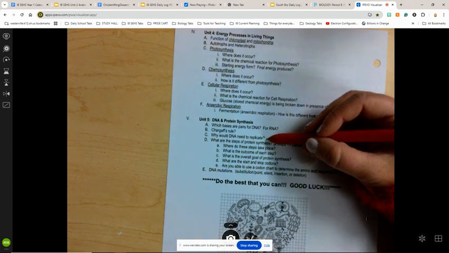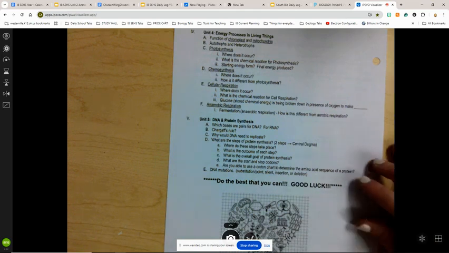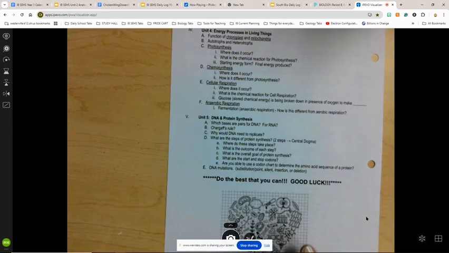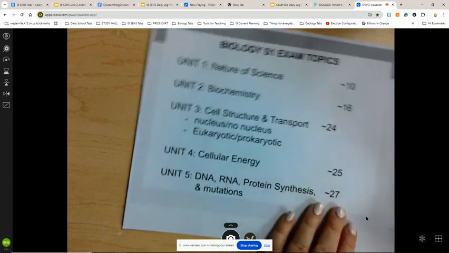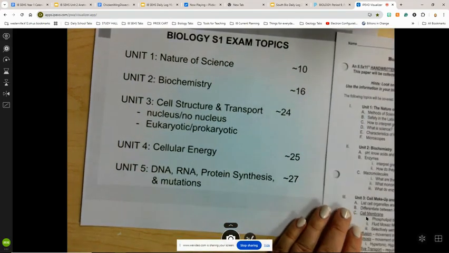It needs to replicate in case we need to make more cells, right? If I get a scratch, if I am healing, I also need it to grow, to get bigger when I was a baby. And lastly, to reproduce, we need to go through some cell division, so our DNA needs to replicate.